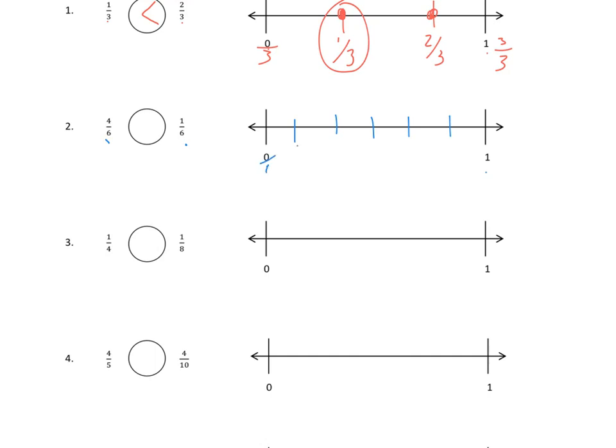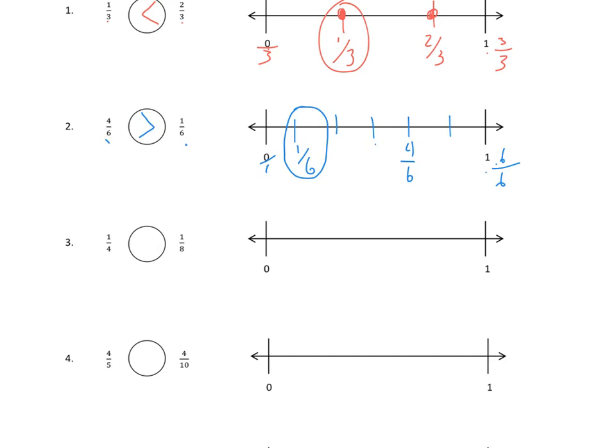I have 1/6 right here. That's one of my numbers. 2/6, 3/6, 4/6, and then I have 5/6, and then the last one is going to be 6/6, which is equal to 1. I know that 1/6 is closer to 0 because it's further to the left on the number line, meaning 4/6 is greater than 1/6.